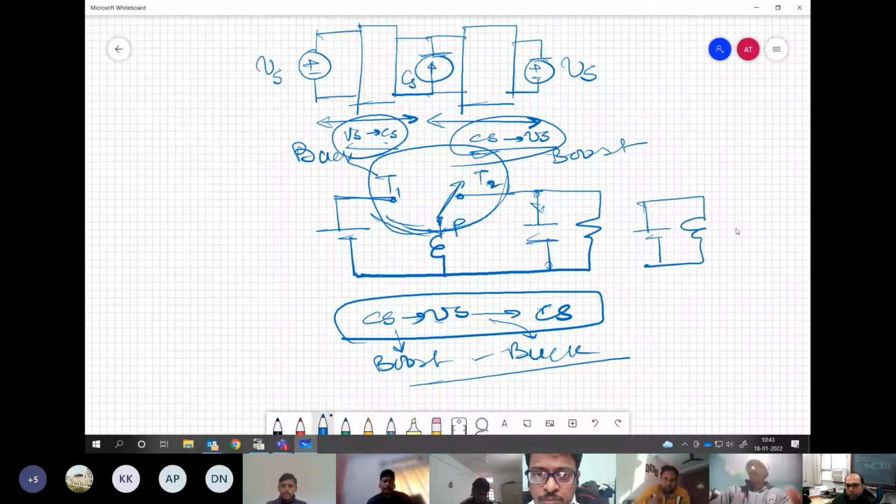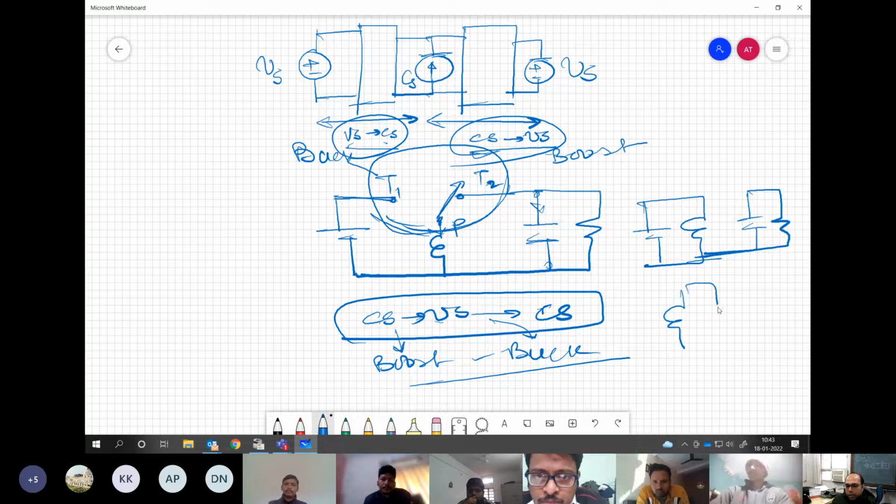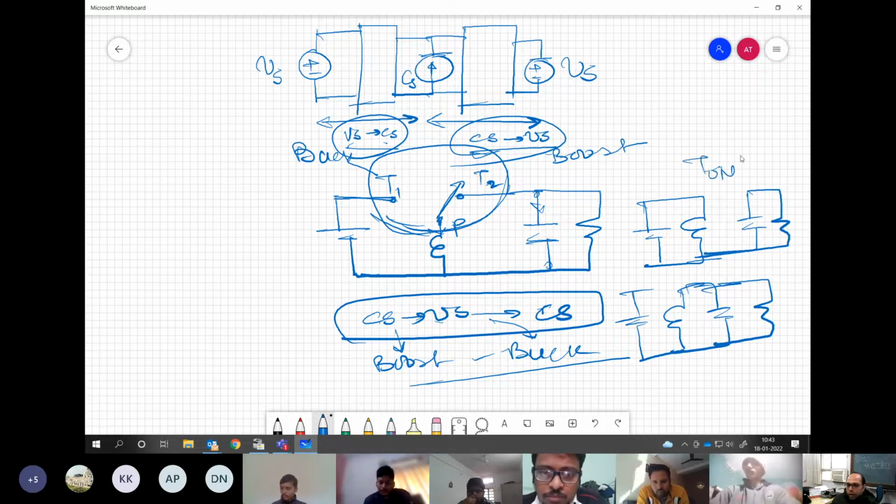One, when you connect P to T1, it is basically this. And when you connect P to T2, it is basically this. So you can say T on for P to T1 and T off for P to T2. So during T on and T off, we have defined the circuit.